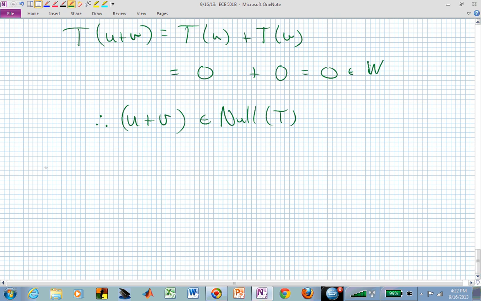Now finally, we need to see if this subset is closed under scalar multiplication.